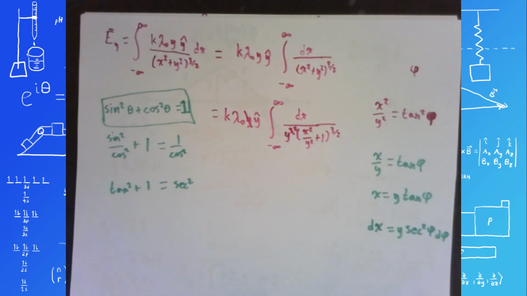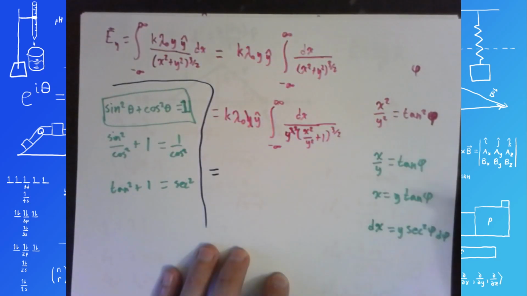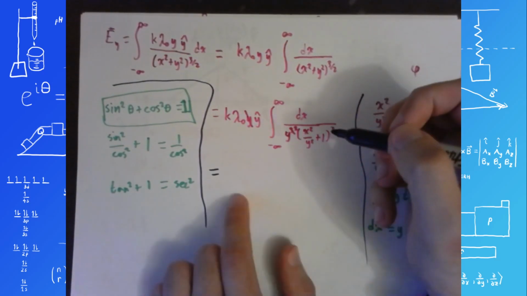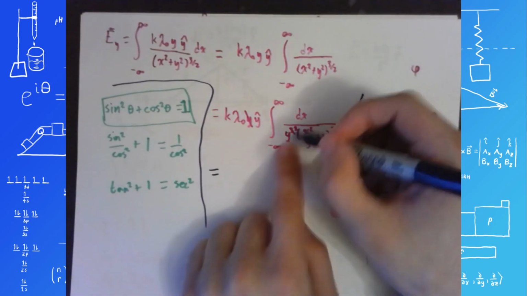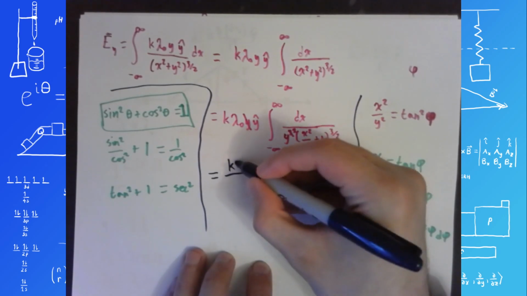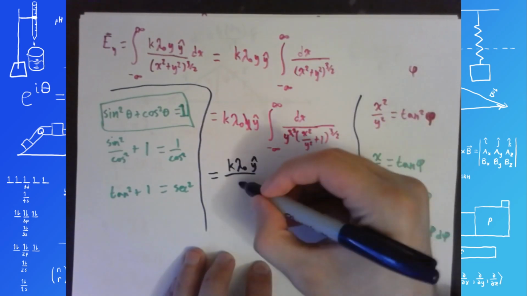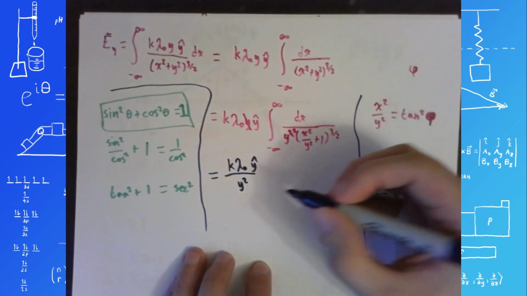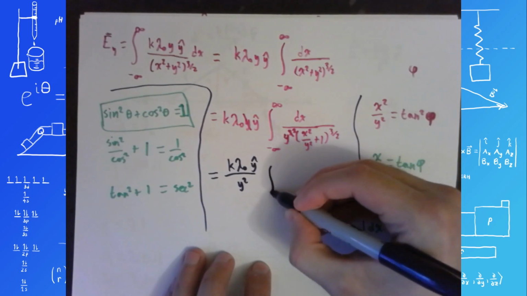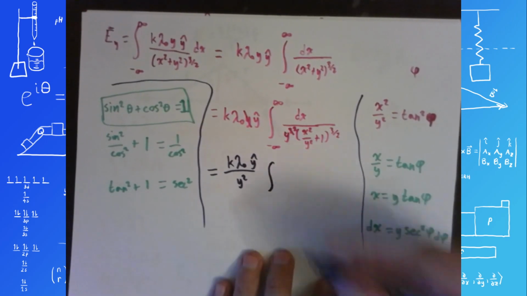So let's go ahead and change colors here. Let's see. That y squared I'm going to go ahead and take out of the integral. So yeah, that y squared just comes down here. And then we've got the integral bounds may have changed, almost certainly.